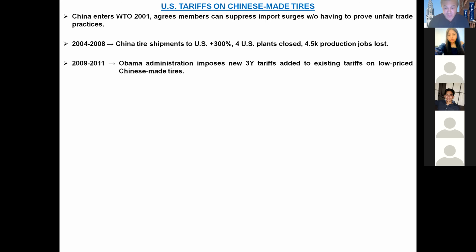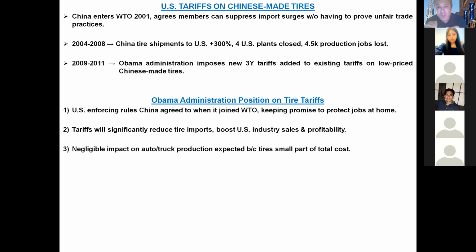The administration was just holding China responsible for what they said they would be responsible for, which was import surges into the United States.